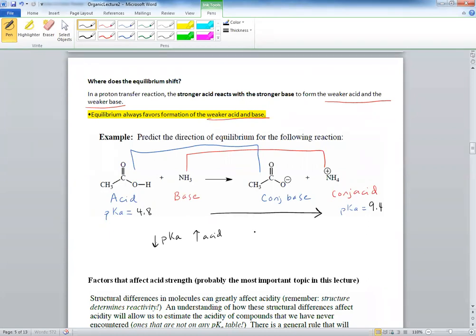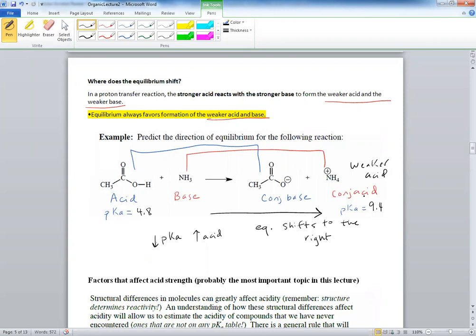We say the equilibrium shifts to the right, simply because this is the weaker acid. 9.4 is higher than 4.8, which means that this is the weaker acid.